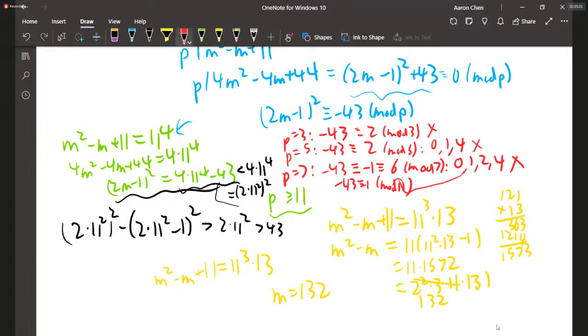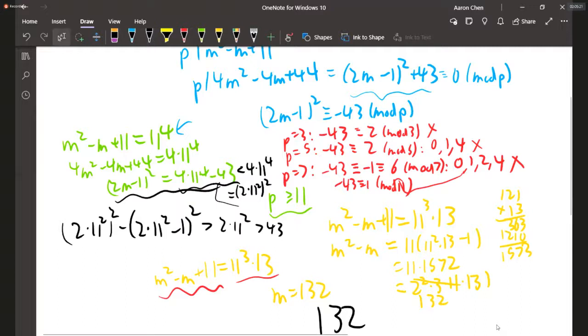Since we just wanted to find the smallest positive integer m such that this is the product of at least 4 not necessarily distinct primes, the answer is just 132.